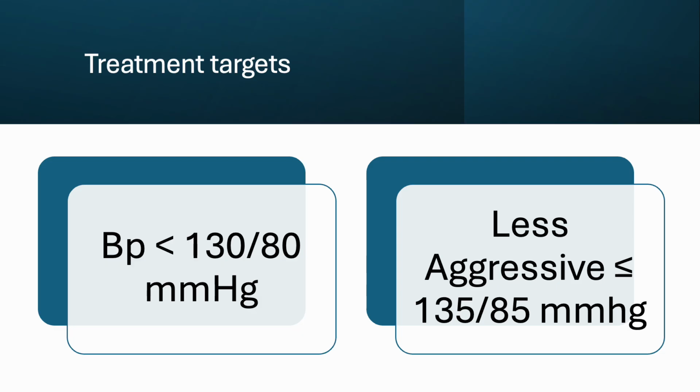But we can also take a less aggressive approach, especially in patients who have labile blood pressure or postural hypertension or are experiencing side effects with the medication, or elderly patients. It is important that this treatment target should be documented in the patient notes and also be verbally informed to the patient.